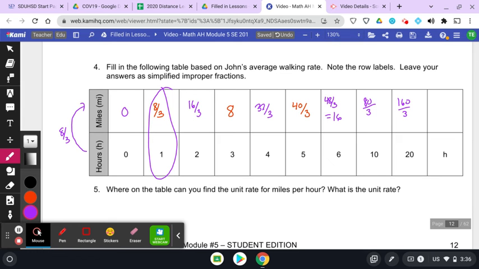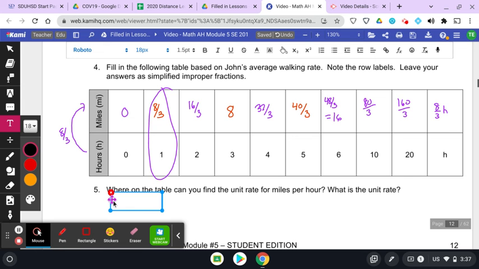Every time I'm multiplying by 8/3, so whatever h is, I'd multiply it by 8/3, so I get 8/3 h. Okay, our unit rate was over here when we had 1 hour. 8/3 miles per 1 hour.